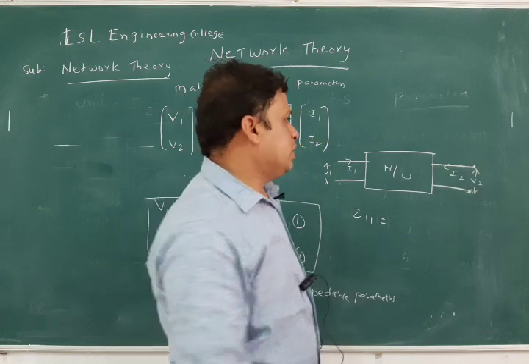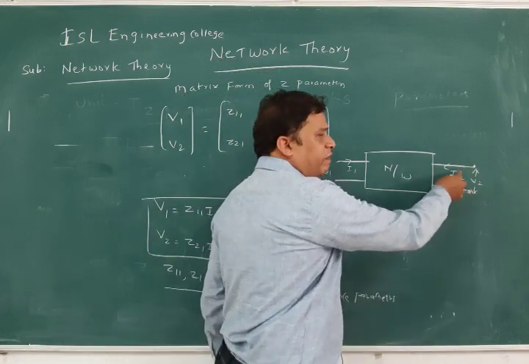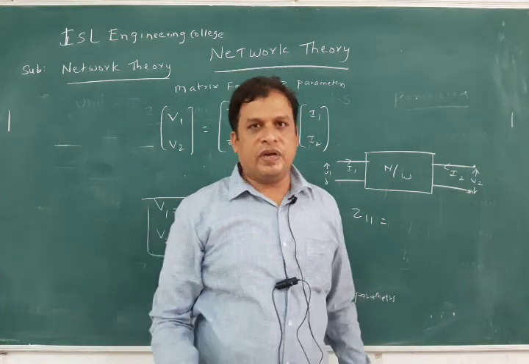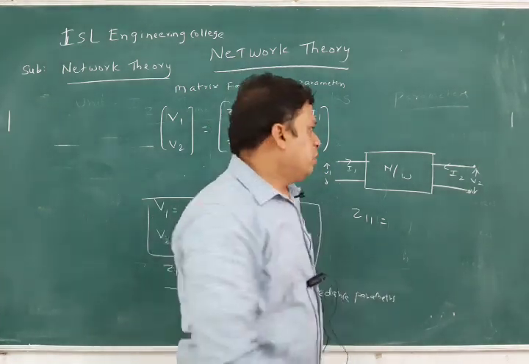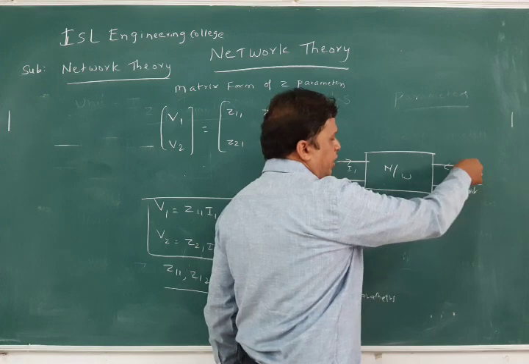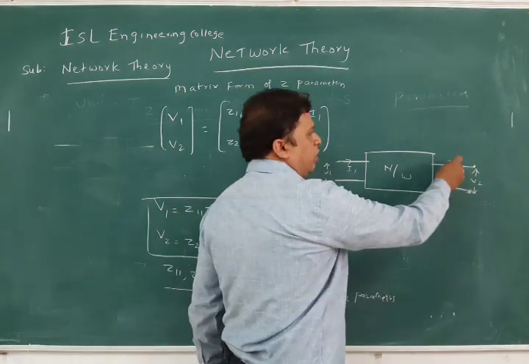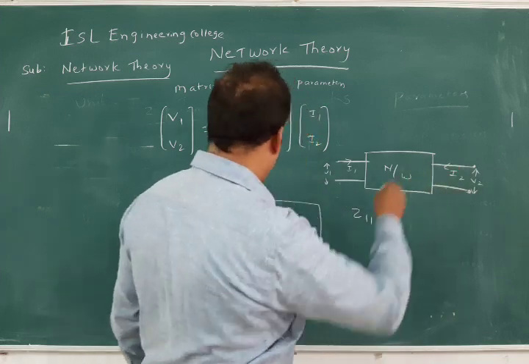Suppose if it is an open circuit, then the current will not flow here, because the current requires a closed path to flow. So I2 current is 0 here, and I2 current doesn't flow here from this voltage source. So here I2 is 0, nothing but it is open circuited.